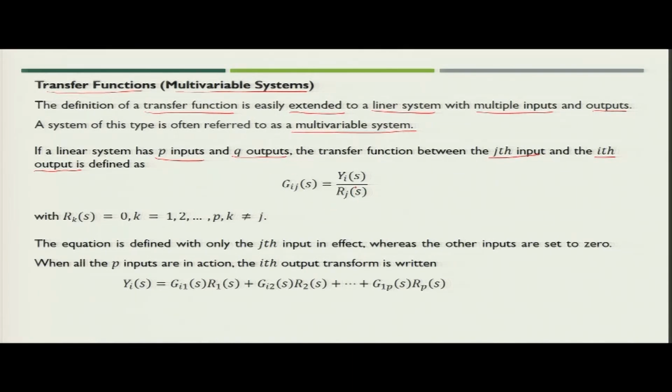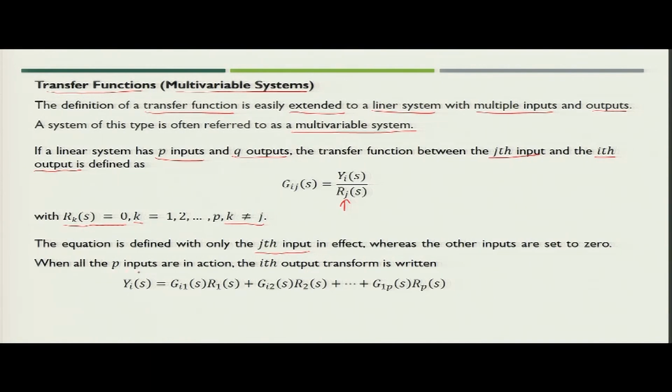This is applicable when the other input variables are 0, that means R_k(s) equal to 0 for any k not equal to j. So, we are considering one input at a time.